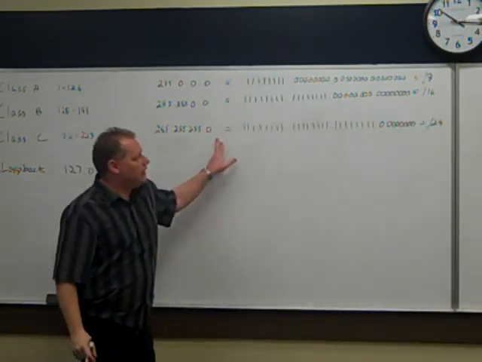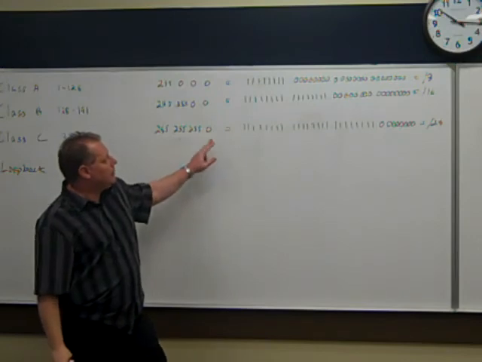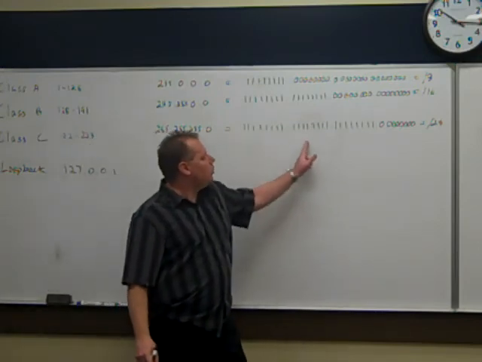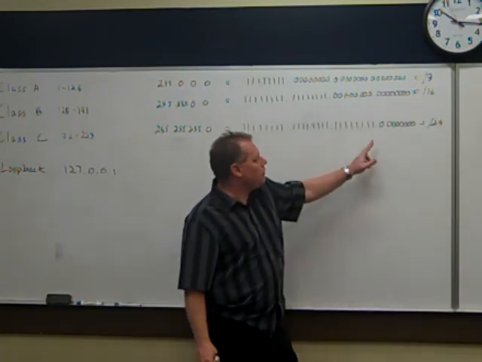Lastly, Class C, 255 in dotted decimal converted to binary, 24 bits total gets us a 24-bit mask, or /24.